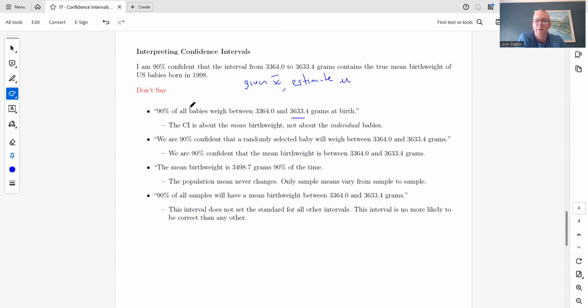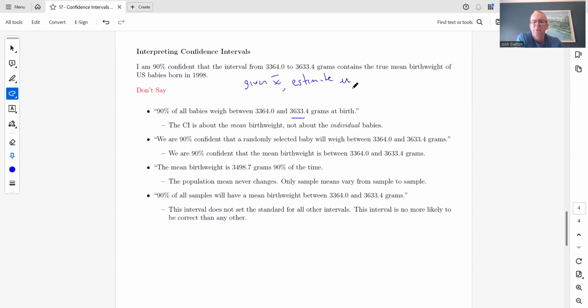The "all babies" part is the bad part, because you don't know that 90% are between those two, since they could be more spread out, in which case the mean could still be in there. The sample mean could still be what it is, but we have more low weight babies versus more heavier babies. So it's not about individual babies.